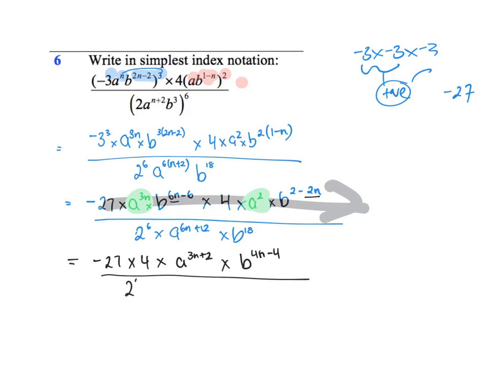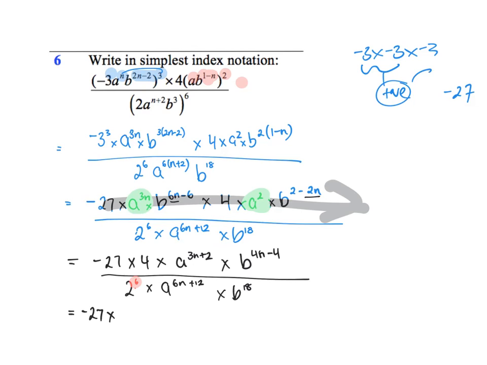I'm going to leave 2 to the power of 6 times a, 6n plus 12 times b, 18. Yeah? So you can keep going. If you did negative 27, or maybe we will change that, we'll leave that 27.